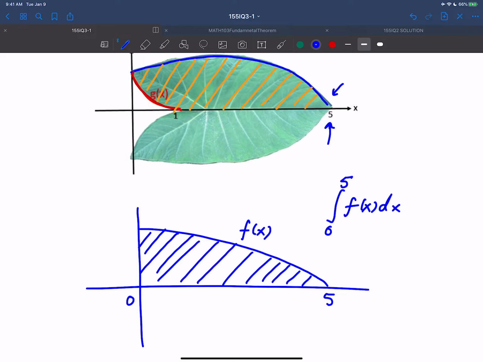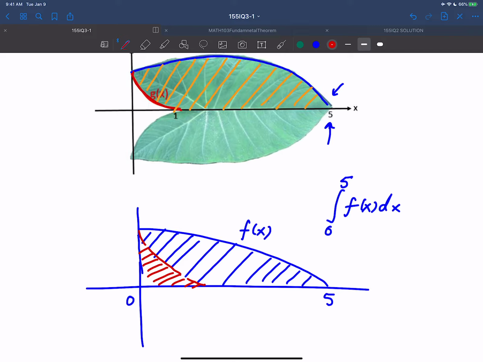But this edge of the leaf is something that you want to get rid of. So you want only this area. You want to get rid of this portion down there. How you do that in terms of integrals: the area under this curve is this red shaded portion.